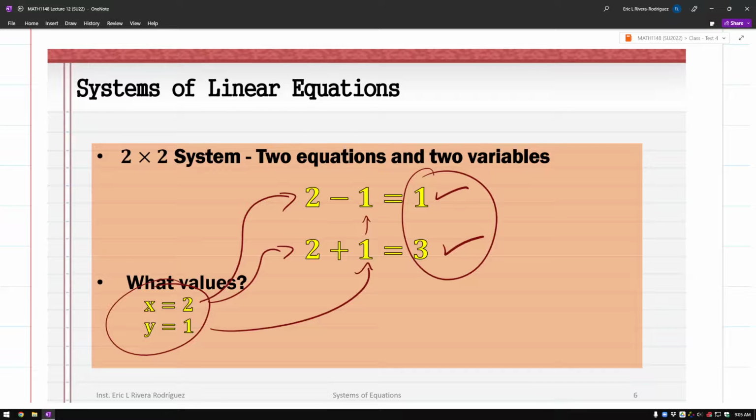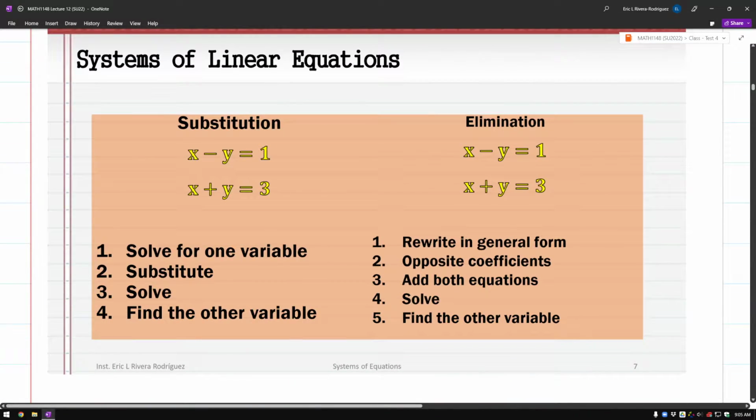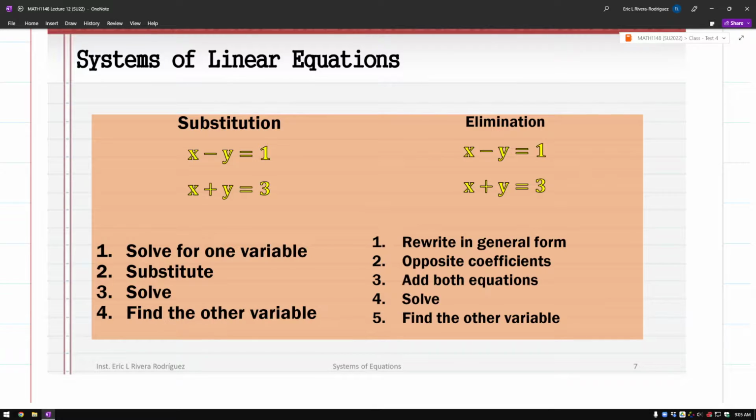The problem is that sometimes they are not so obvious, and if we want to guess the two values that solve the system, we could spend an infinite amount of time, because there are infinite values that we can try and plug in to see if they work with the system.